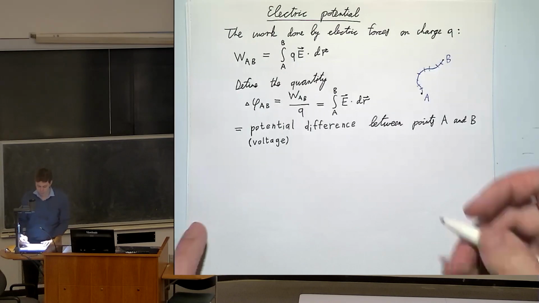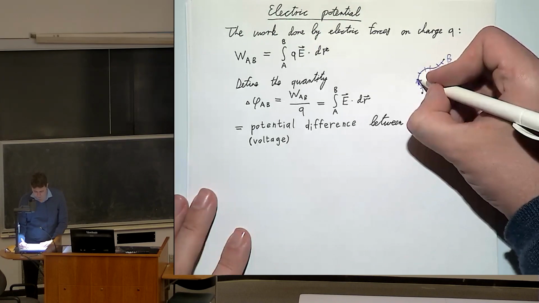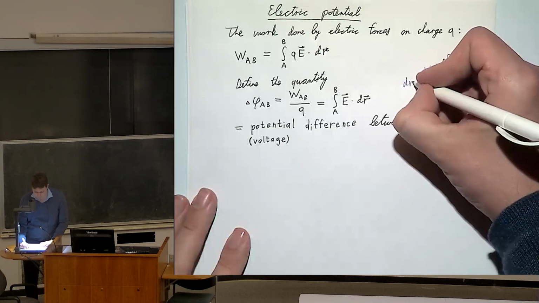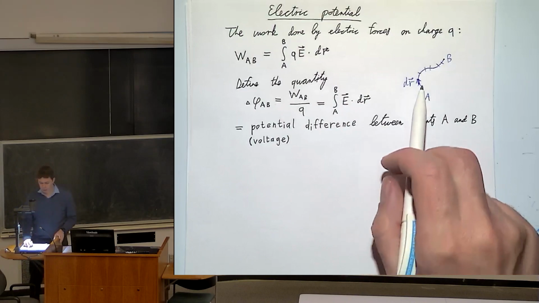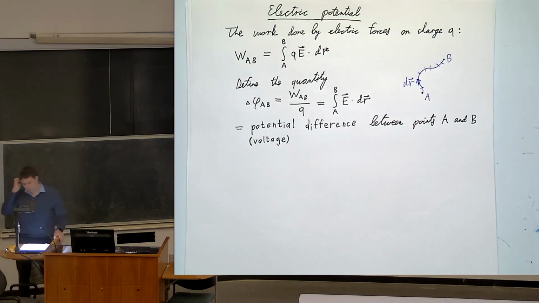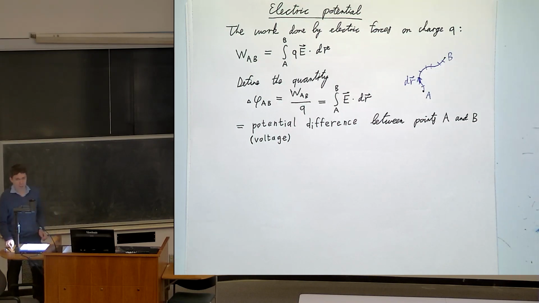We split the path into infinitesimal pieces, and we'll say the displacement along one piece is dr, but it's essential that it's a vector because it can be arbitrarily oriented in space, and it gets multiplied by E at the respective location, and then we sum over all pieces, sending the number of pieces to infinity.